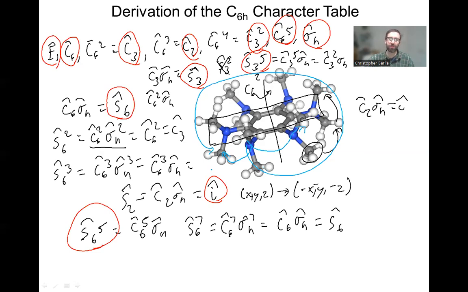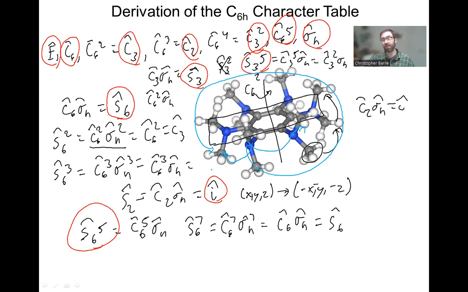And so those would be equivalent, but they're only equivalent if there's another symmetry operation in the point group that can interconvert those two Cartesian coordinate systems. Usually that's going to be a perpendicular C2, sigma v, or sigma d. And you don't have any of those operations in the CnH point groups. And so for that reason, and it's a long-winded way of explaining to you why, all 12 of these operations must be placed into separate classes, okay?